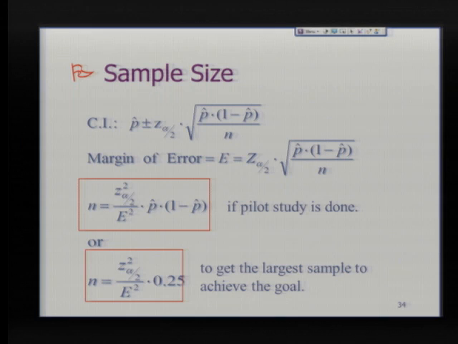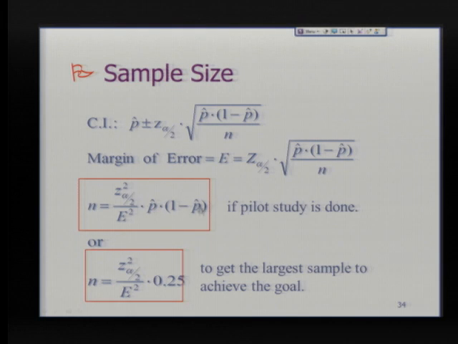If you do have some pilot study done in the past, you can use the pilot study result to estimate the p-hat and to estimate the sample size. Right? Now, sometimes you probably don't have any information. Right? You've never done this study. Then what you can do is actually maximize this quantity. This quantity, P is probability percentage, is always a number between 0 and 1.